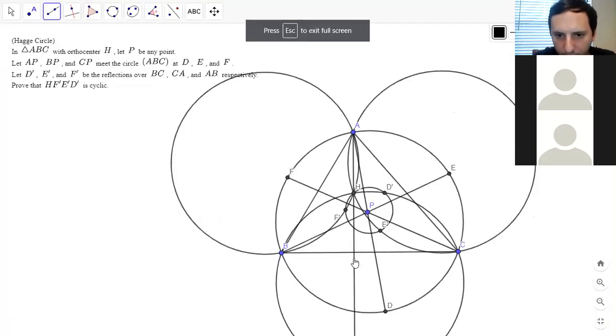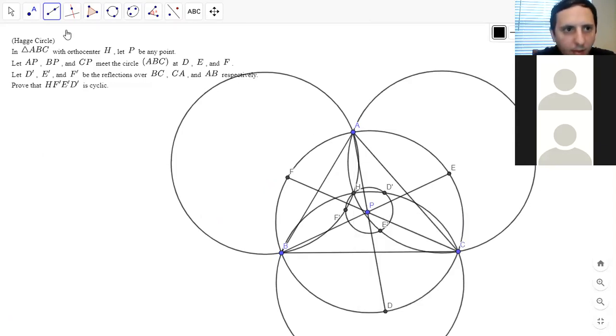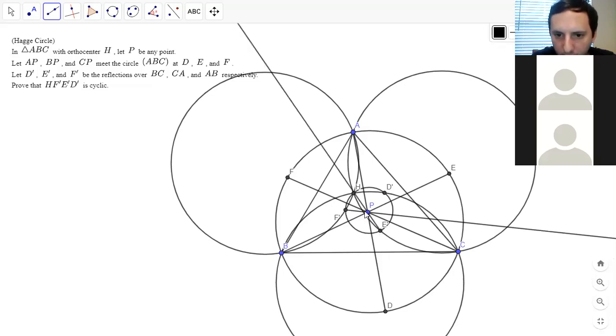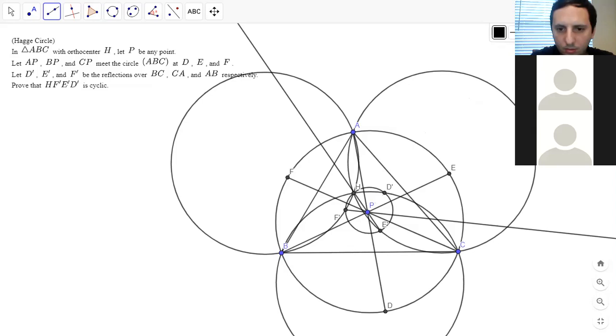So the second half of the problem says that if I take this, this, and this, then AH, BH, and CH meet at those points. That's kind of interesting. So it's saying AH and B prime P concur on the circle. Don't know if that's obvious.